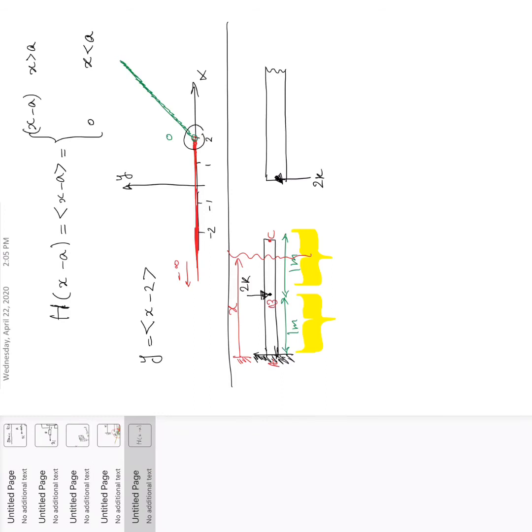So you have 2K up, and then you also have a couple moment at the wall, which is 2 kilonewton meter, to cancel the effect of this 2K in the middle, in the opposite direction. Then you have another 2K here, and then you have internal couple moment right here at point X, and then you also have internal shear at X. So that's your full FED for this problem.